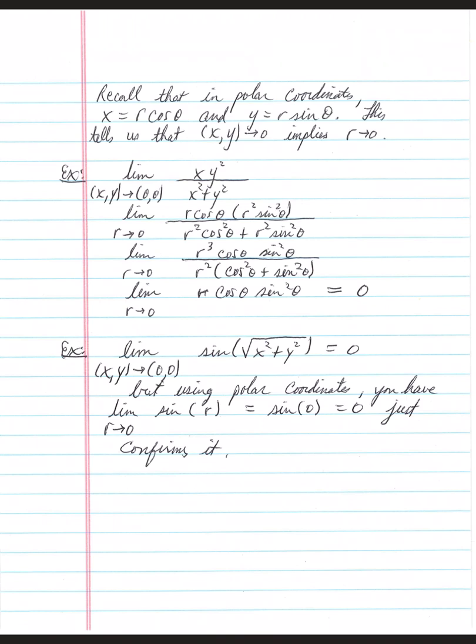So as r approaches 0, you have sine of 0, which is 0, and that just confirms it. This example, you actually don't have to change to polar coordinates, because 0 squared plus 0 squared is 0, square root still 0, and sine of 0 is 0. But up here, it definitely helps to change those out for polar coordinates.